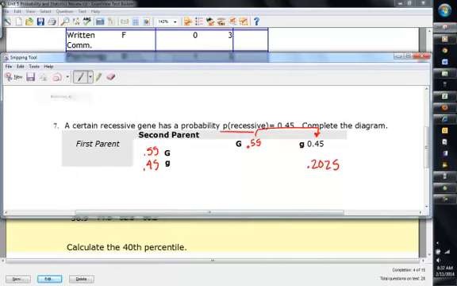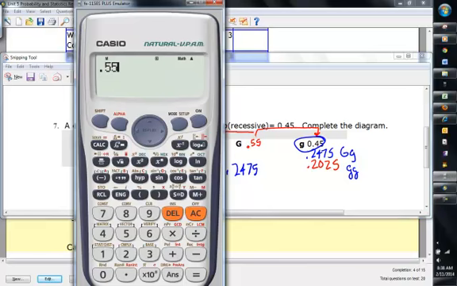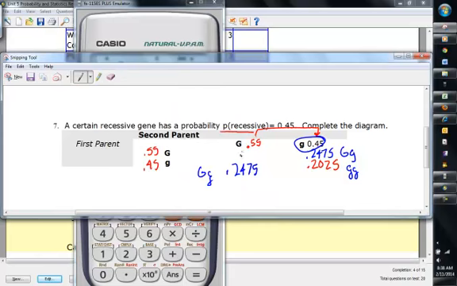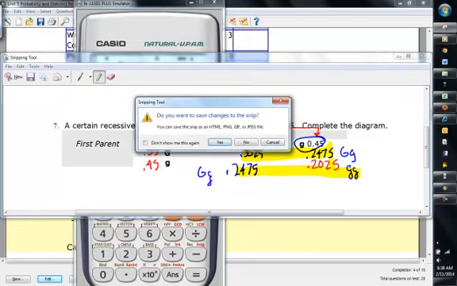So these two are 0.2475 here and 0.2475 here, because this one is lowercase g, lowercase g. This is uppercase G, lowercase g. Uppercase G, lowercase g. And then our last one is 0.55 squared. And we get 0.3025. All four of these added together is going to be 1. Next one.